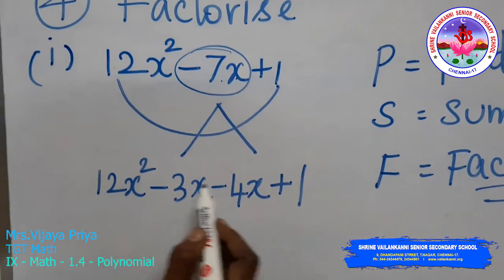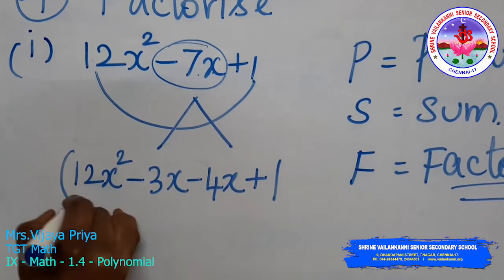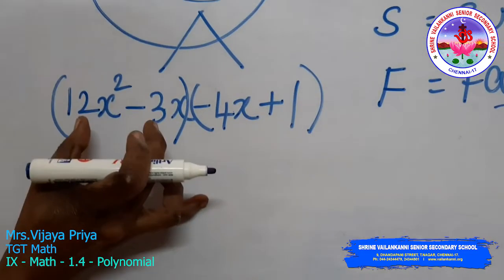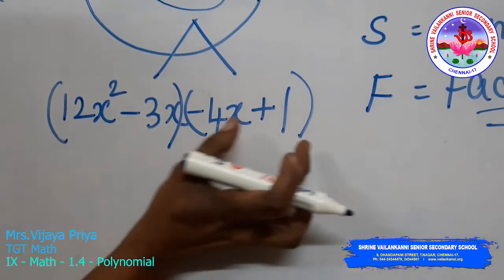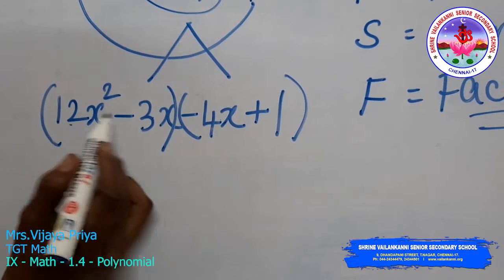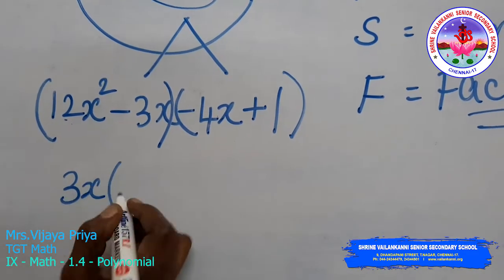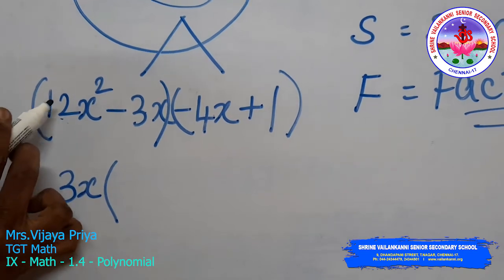So now I have 4 terms here. I am grouping them into 2, where I am going to take the common terms from each bracket. Here I am going to take 3x as my common term, where my 12 has 3 into 4.